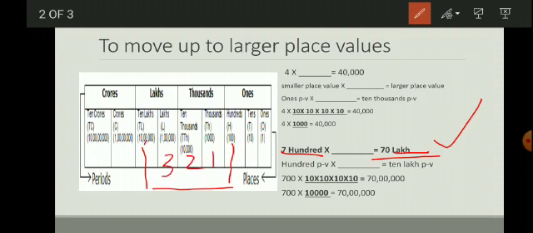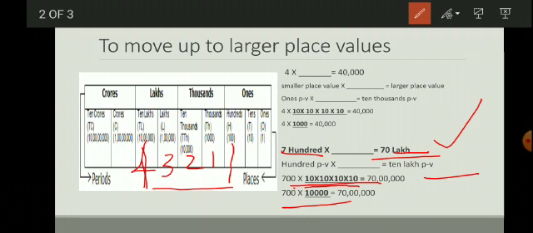This also we have to take, so 4. So 4 successive place values should be multiplied by 10. See here children, 700 into 10 into 10 into 10 into 10 to get 70 lakh. So 700 into 10,000 is equal to 70 lakh.